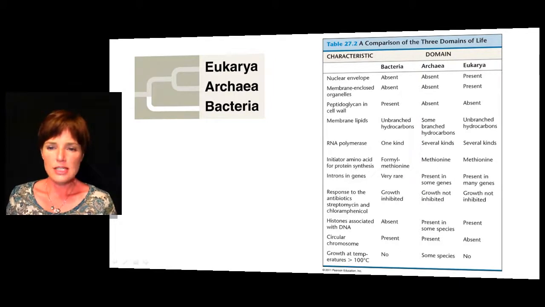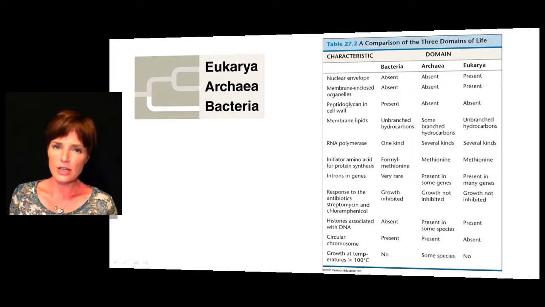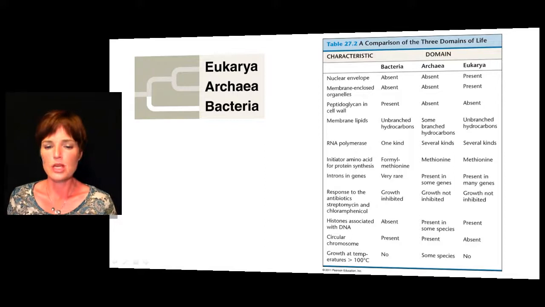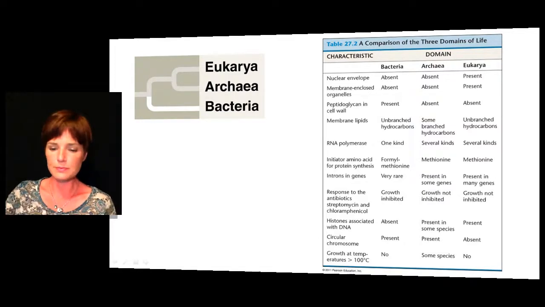If you go down this list, you can see that there are a number of categories or areas where the Archaea and the bacteria match each other. And then you can also see a number of categories where the Archaea and the eukaryotes match each other. So take a look at this table. Do be familiar with the characteristics that you see on here as far as which ones you find in bacterial cells and then which ones you would find in archaeal cells.